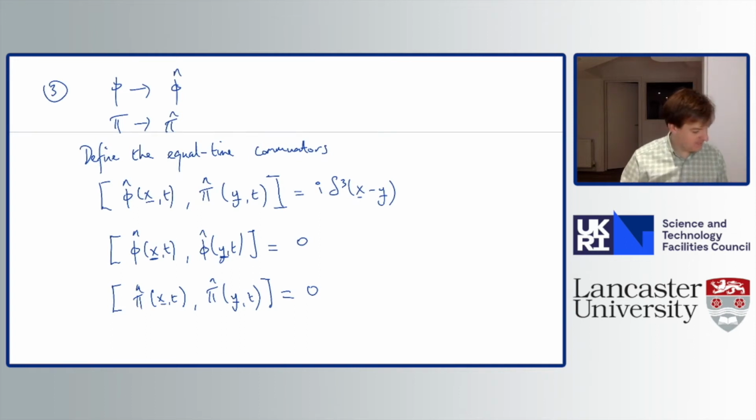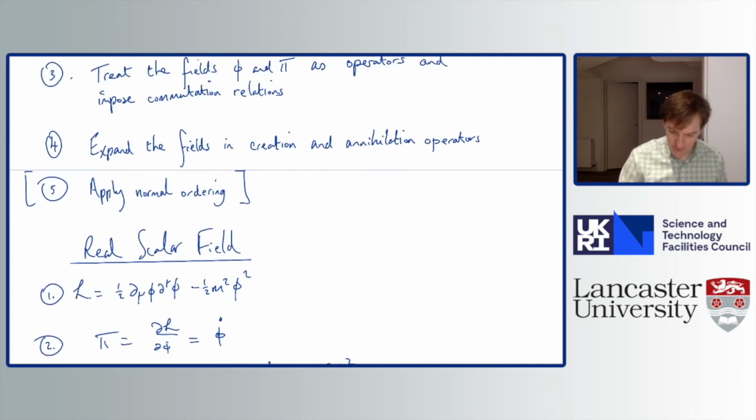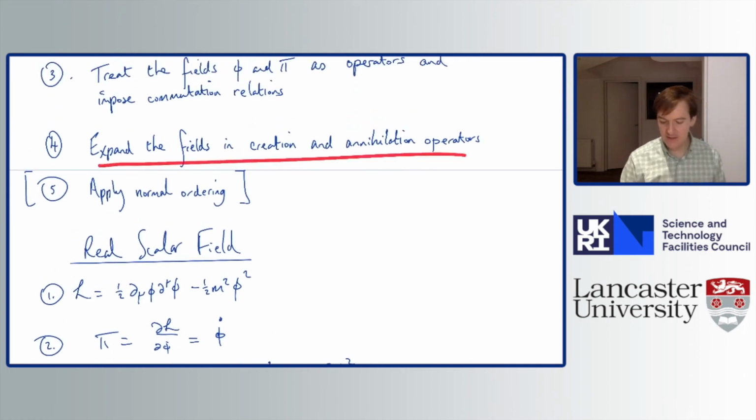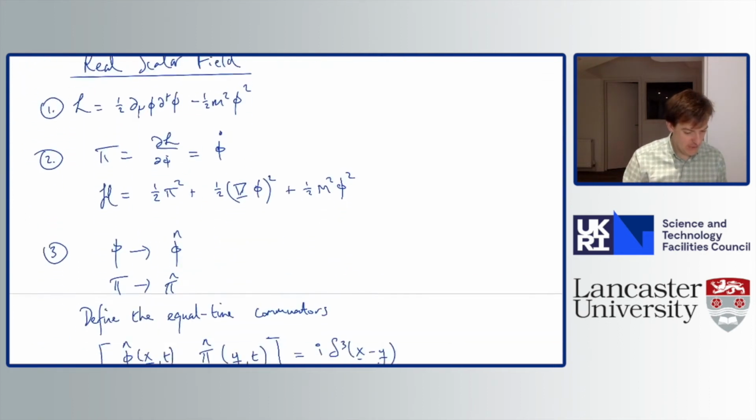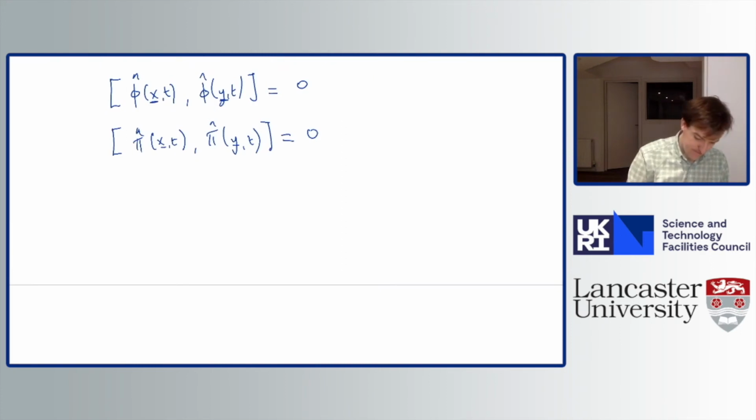Okay, let's go back up. Step 4 was to expand the fields in terms of creation and annihilation operators. Let's talk about how we do that. Let's remind you of what we had for the simple harmonic oscillator, the 1D oscillator.